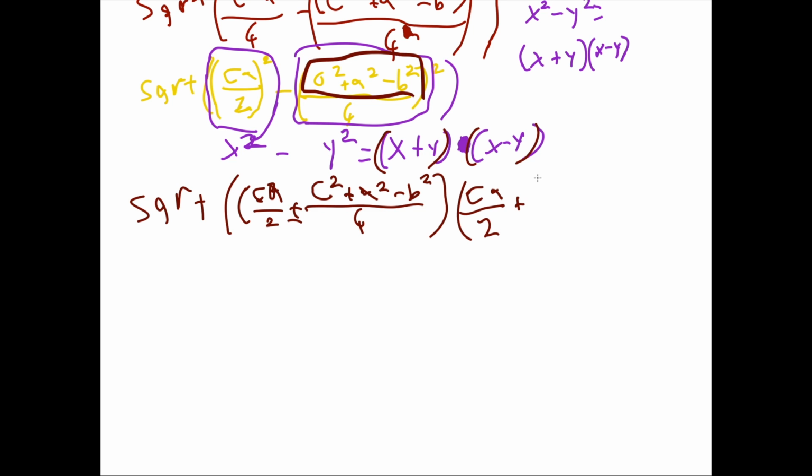So it's going to be negative C squared minus A squared plus B squared, because we just took the reverse of this, because it is minus. It's the same thing as distributing the minus, so it's basically the opposite. Divided by 4.